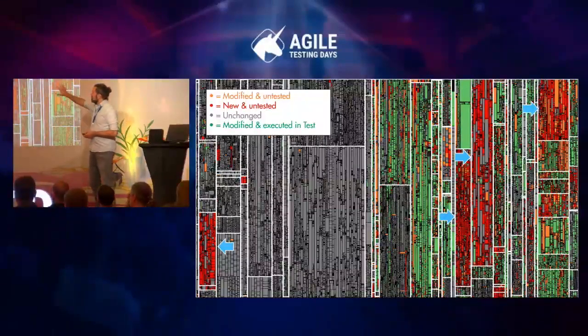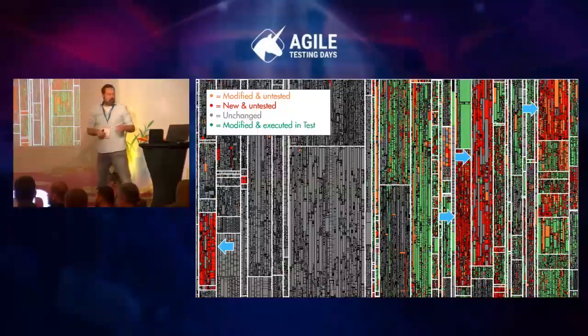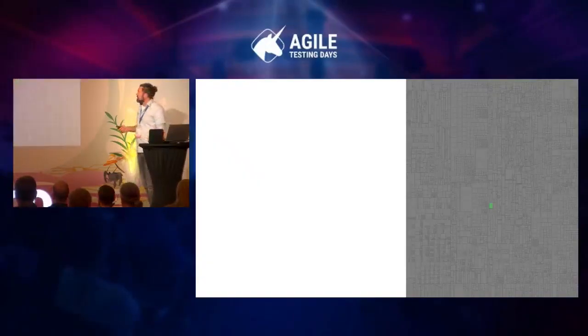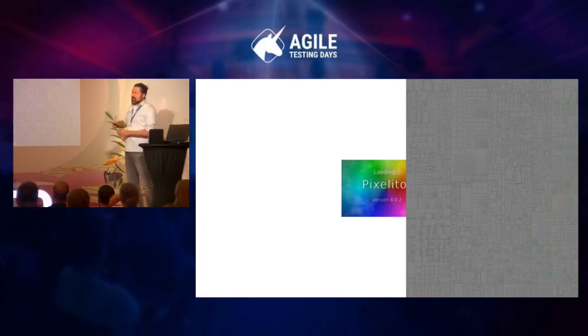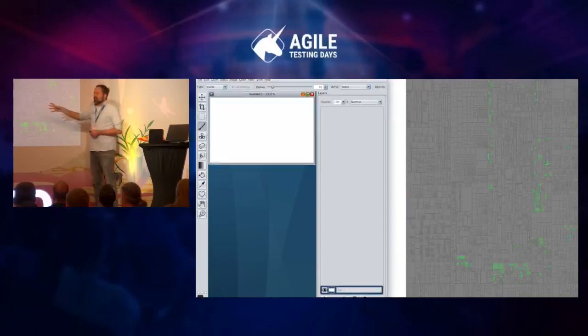Actually, to compute this, we don't need to know which test cases were executed or whether they were automated or manual. We just observe the system under test while the tests run. So maybe this makes it more tangible. If I start this animation, the coverage profiler, there are coverage profilers for all the big programming languages.